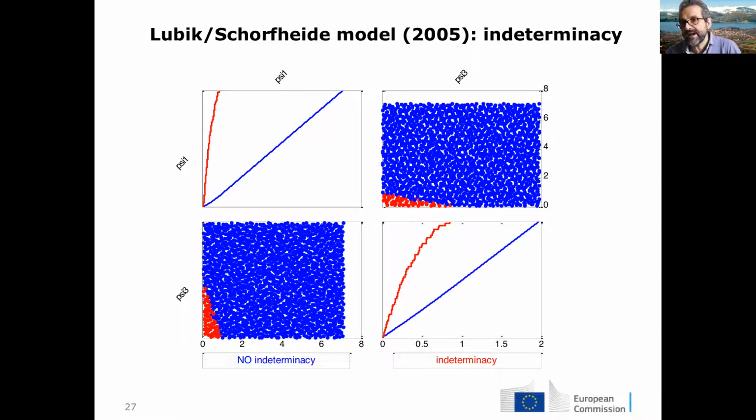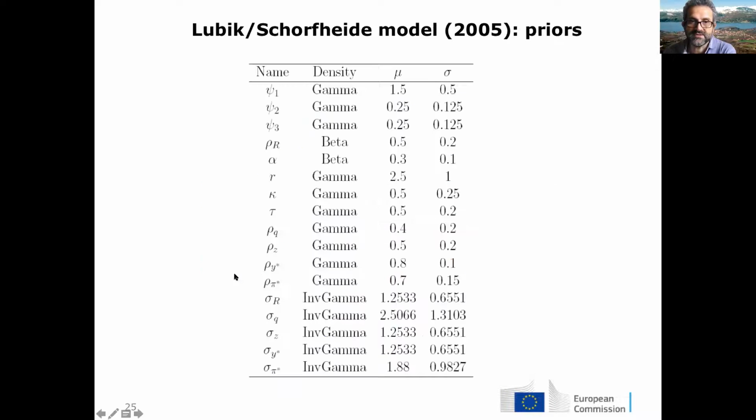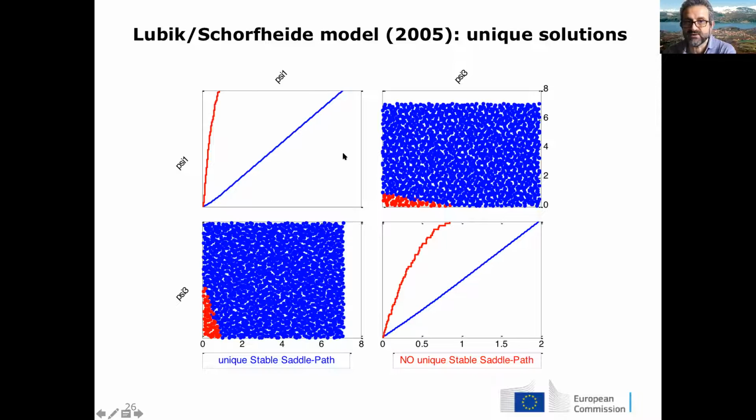One type of generalization is that in this case we have taken our Monte Carlo draws from the prior, actually from the prior range. We know that the prior densities are gamma, so they should be denser in the middle and less dense when you go to the tails of the prior distribution.